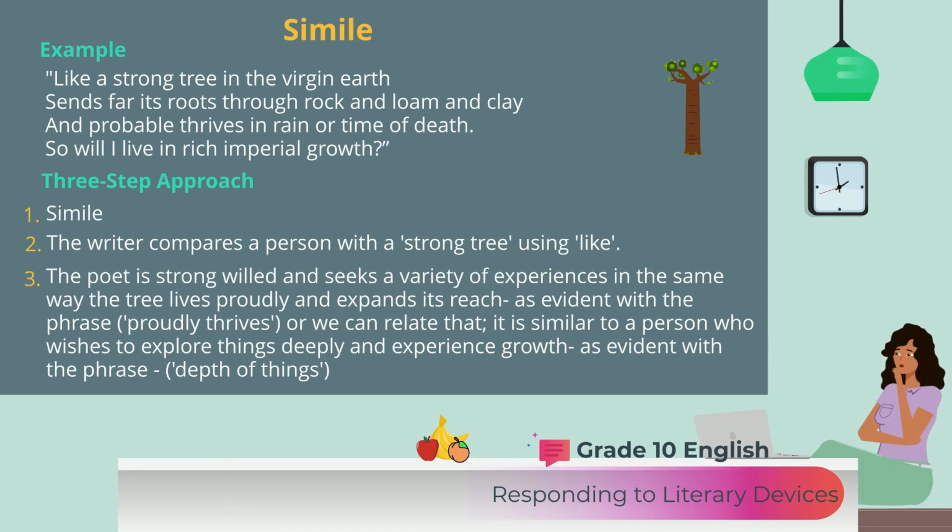Or we can relate that it is similar to a person who wishes to explore things deeply and experience growth, as evident with the phrase, depth of things. This simile appeals to the visual sense. Using familiar images, it helps to evoke thought and compels readers' attention. This simile clarifies meaning.